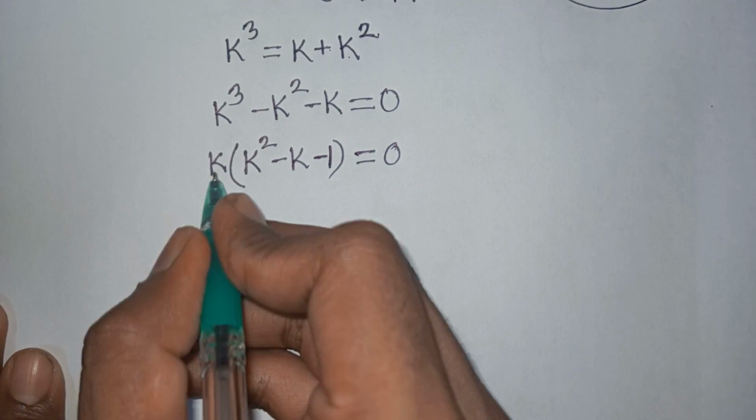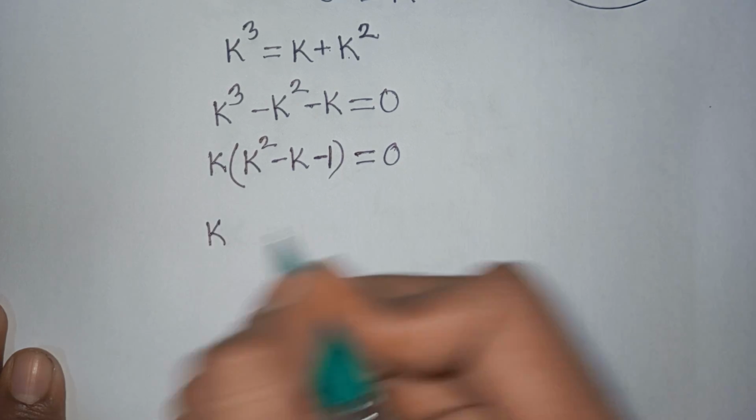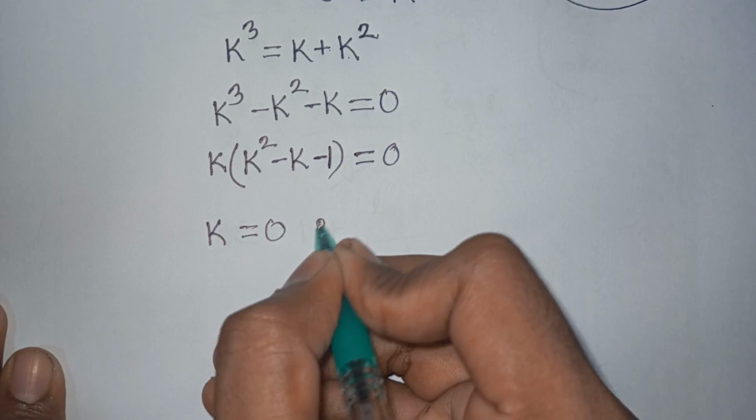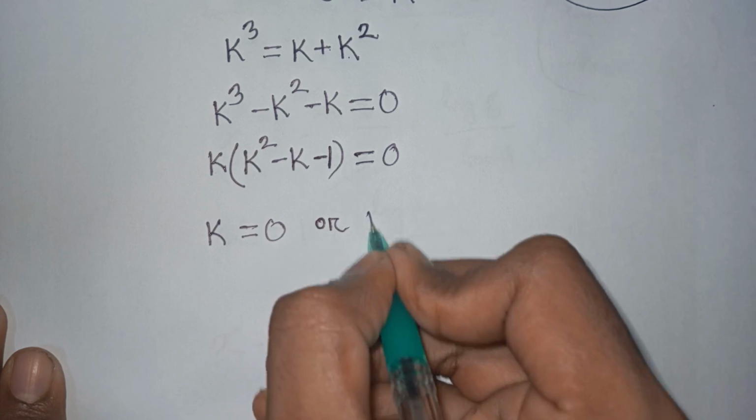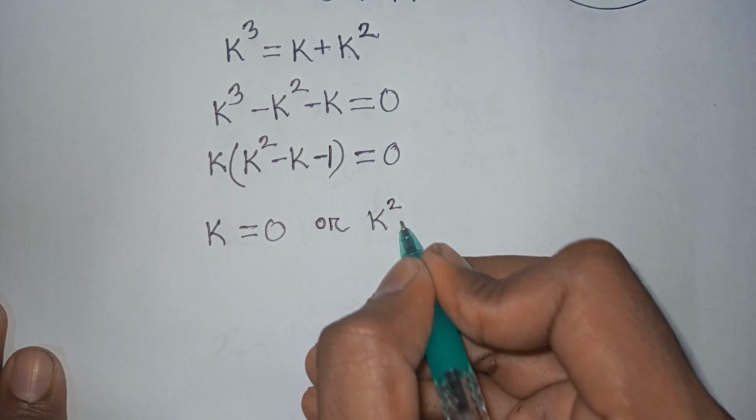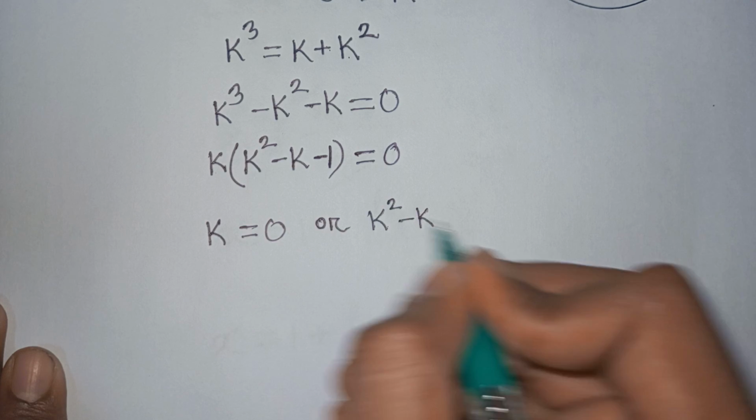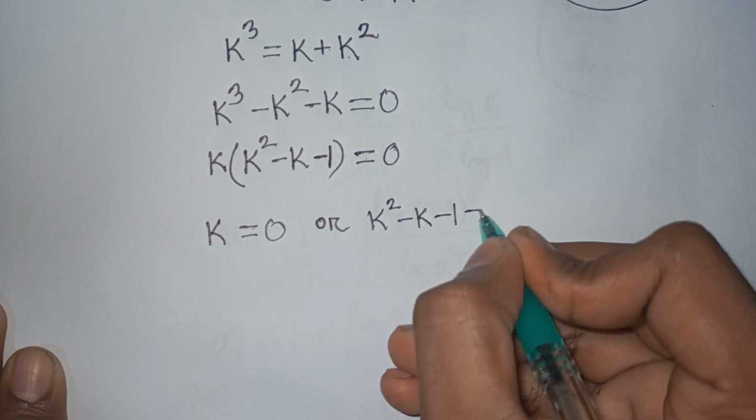In the next step, we can write k is equal to 0 or k^2 minus k minus 1 is equal to 0.